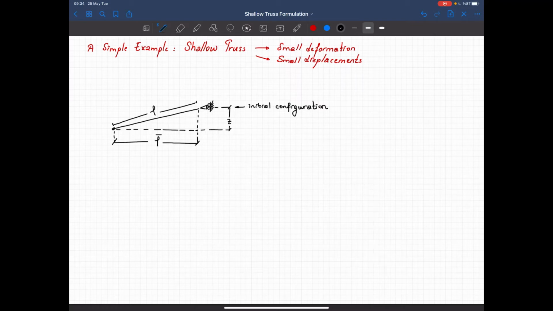And let's assume that I'm applying a force P. So due to that P, it will deform. Let's do it this way. Still I have a roller support here. I got P here, and this is the deformed configuration.